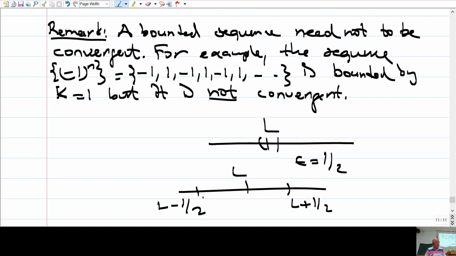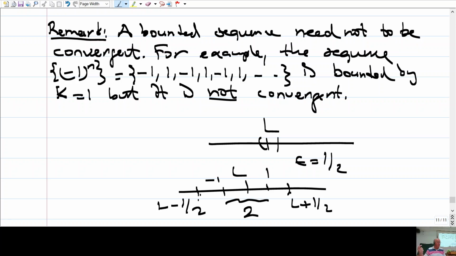So after some index, the terms of the sequence should be in this interval. But the terms are either 1 or -1. It means both -1 and 1 should be inside this interval. However, the distance between these two numbers is 2 units, and the distance between L minus 1 over 2 and L plus 1 over 2 is 1 unit, right?